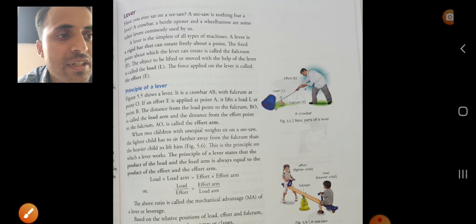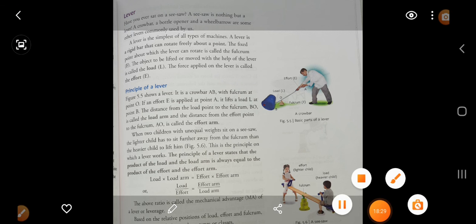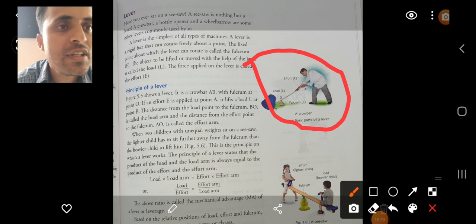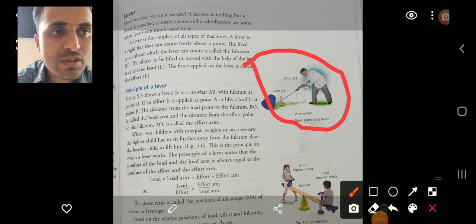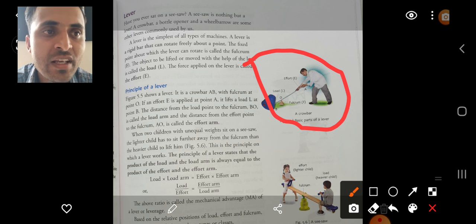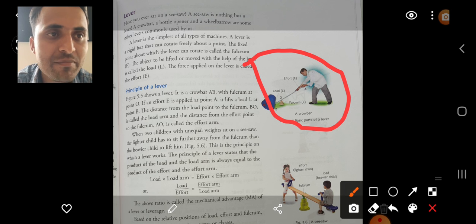For your simplicity, you can observe the diagram of the lever also. So see, this is the diagram. A man is trying to lift an oil can by using the lever. So basic parts of the lever are shown in the diagram. The centrally pivoted fixed point is the fulcrum.